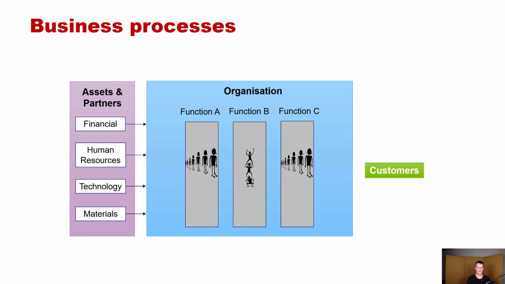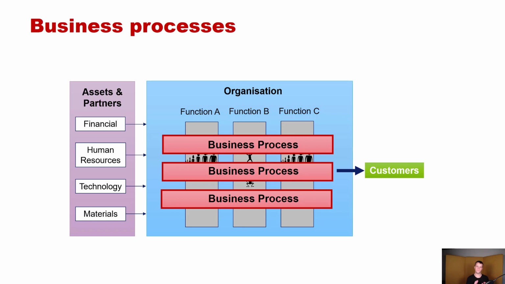A better way of organizing those activities, those tasks, would be to organize them into business processes. A business process in this case would basically be a sequence of events or a sequence of tasks that takes the organization from the inputs into the outputs that are required or needed by the customer.